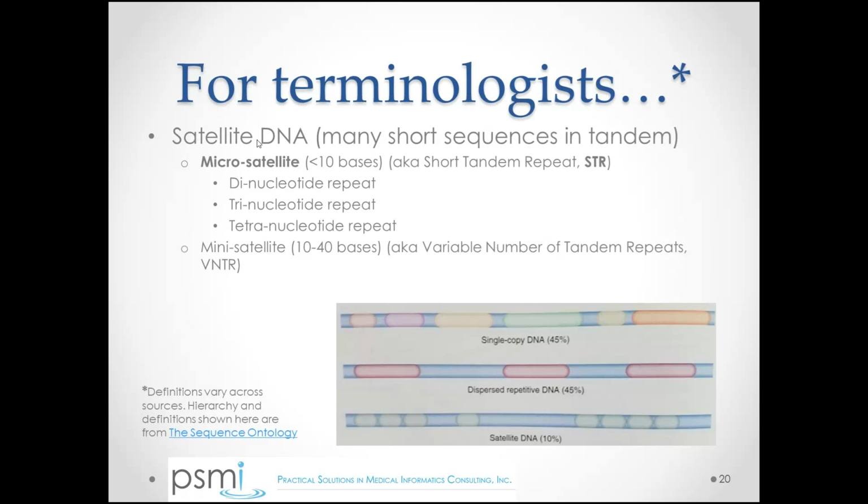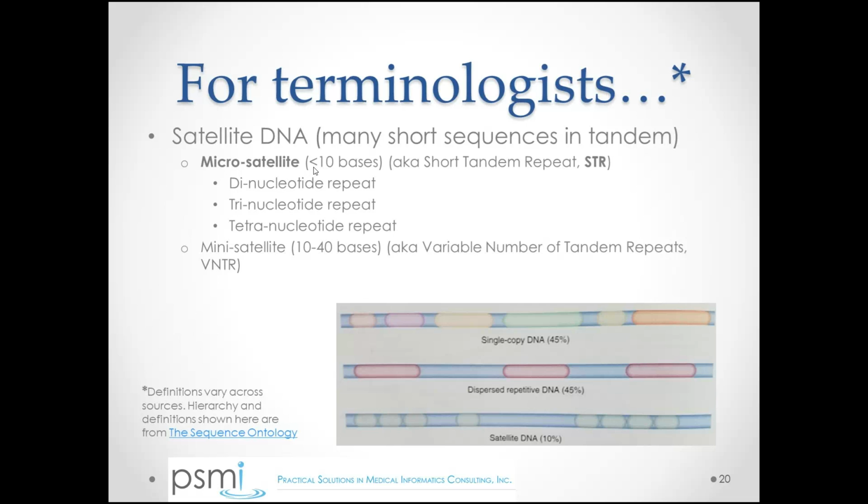So satellite DNA is the general term for short sequences in tandem. About 10% of our DNA is satellite DNA. And we'll often break it down. There's other types of satellite DNA. Centromeres, for instance, are a form of satellite, but the repeats in the centromere satellites are more on the order of 150 bases.